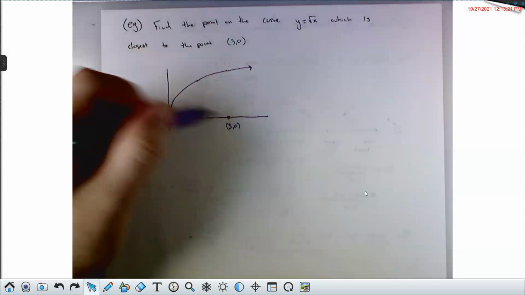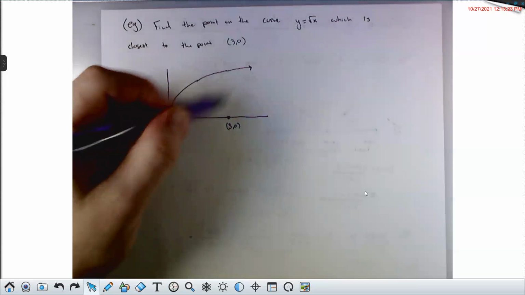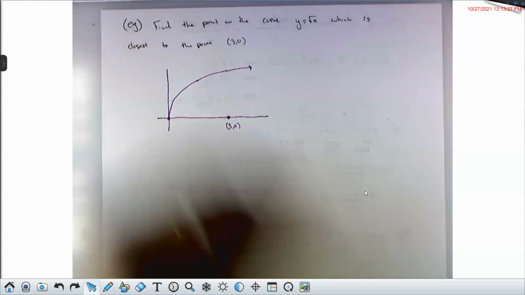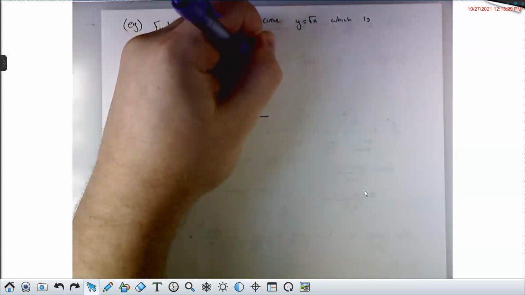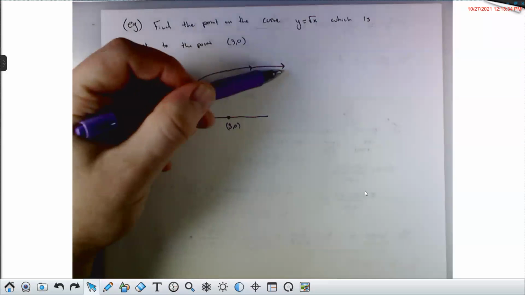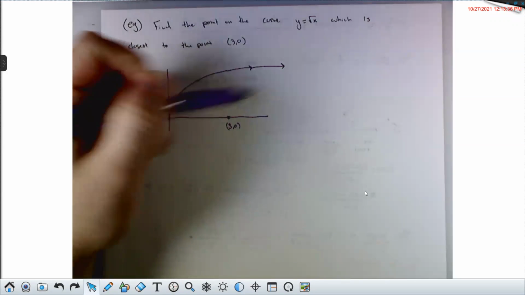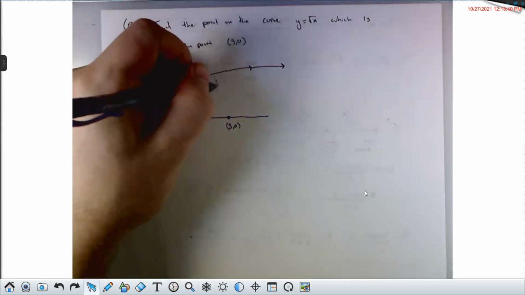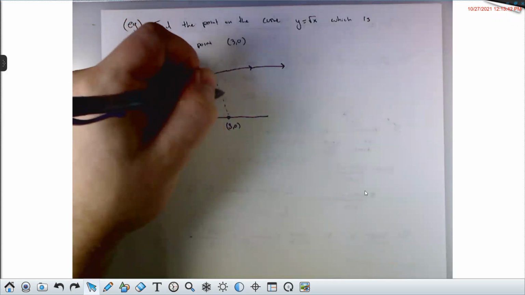So there's lots of possible distances, right? You know, this curve goes on and on and on forever, like this. So if I'm like way over here, this distance is clearly bigger than like this distance. Here's one possible distance.